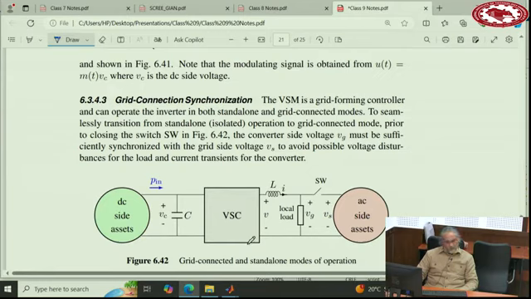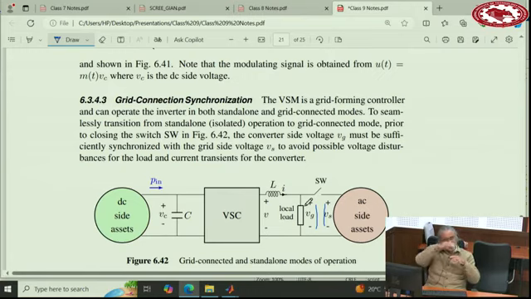However, one aspect remains: when it is disconnected from the power grid and wants to connect to the grid, just prior to that connection, you need to make sure that this voltage and this voltage are synchronized. In DC, I already talked about that, but it was not very crucial because the voltages are already very close.